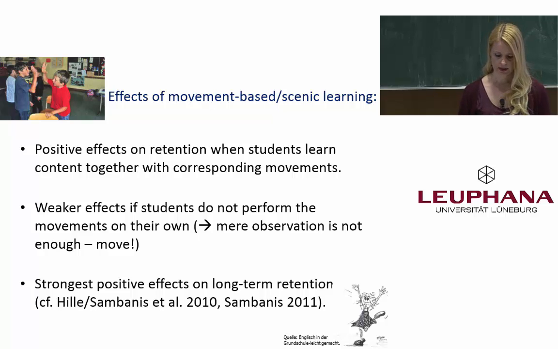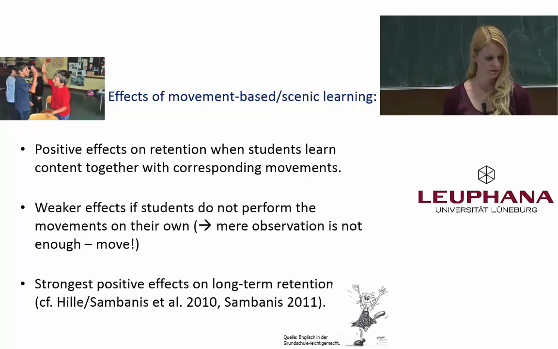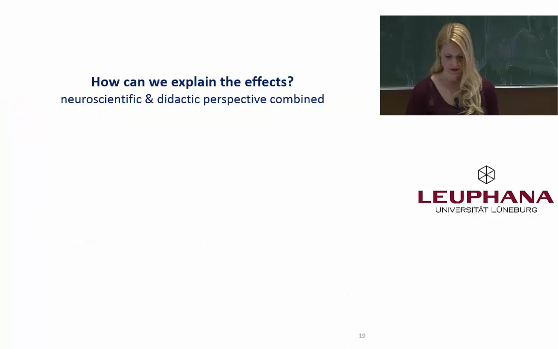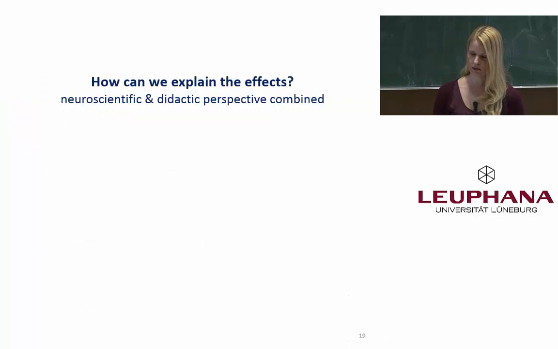The question at hand is, how can we explain these effects? Why do movement groups forget less than the others? There must be something going on in the brain that students are not aware of, triggered by the movements. But what exactly is it?